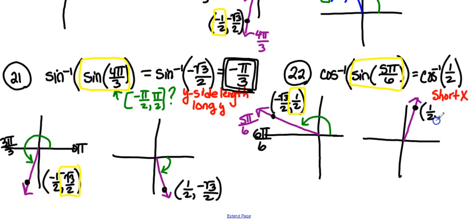The ordered pair there on the unit circle is 1/2, root 3 over 2. And I write the full ordered pair just out of good habit to say yes, that's where it is. And I just have to ask myself, what angle is that? The answer is pi over 3.